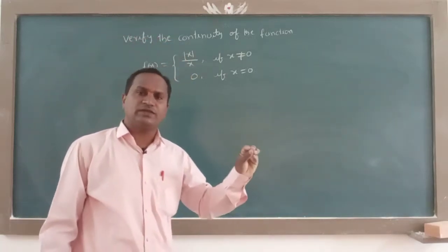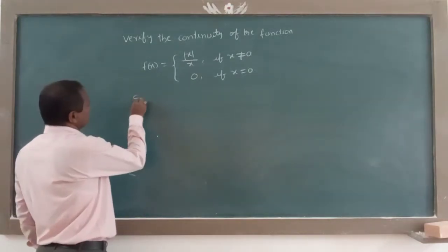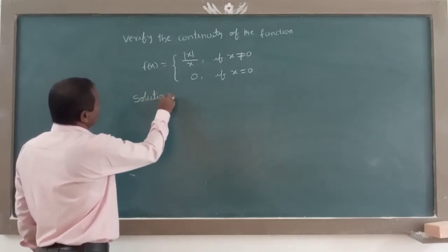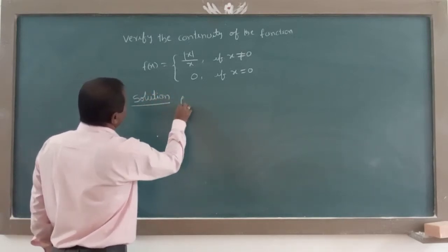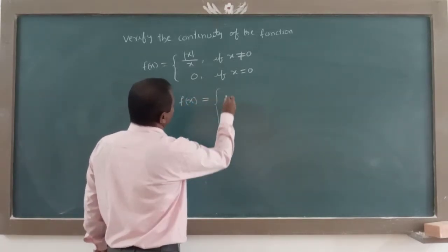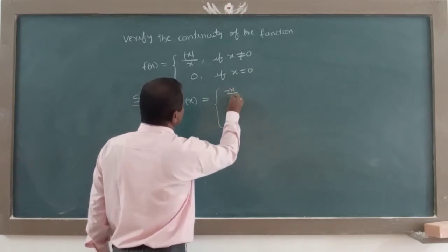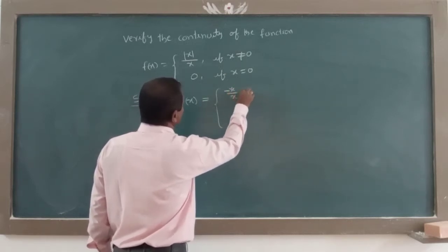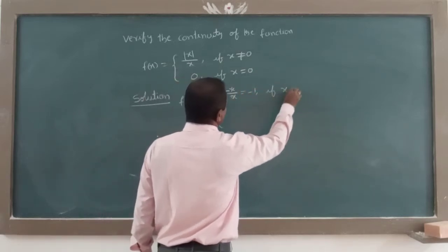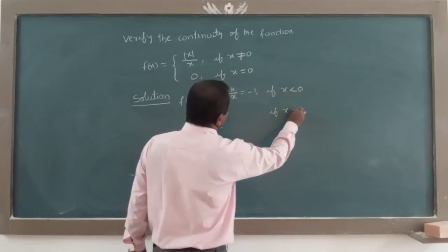See, I will first modify the function like this. Solution to this question: f of x is equal to plus x by x, or you can take minus x by x, x gets cancelled, we get minus 1 if x is less than 0. If x is equal to 0, they mentioned 0 in the given question.